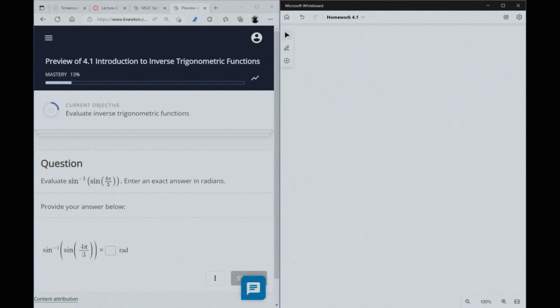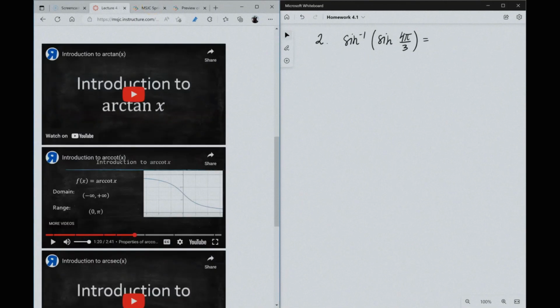Similar problem, but with sine. So we have sine inverse of sine of 4 pi over 3. And the range of sine inverse, we can check.